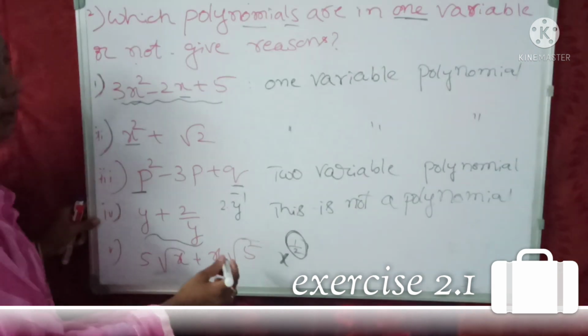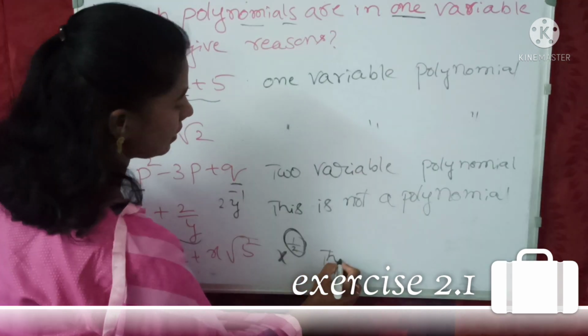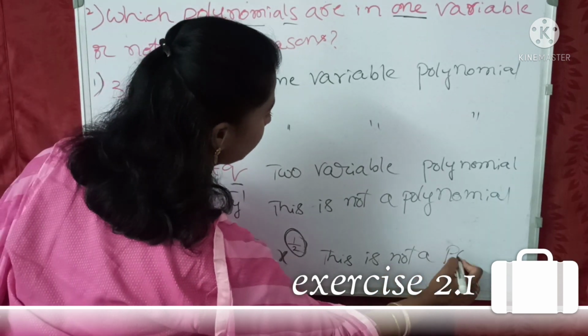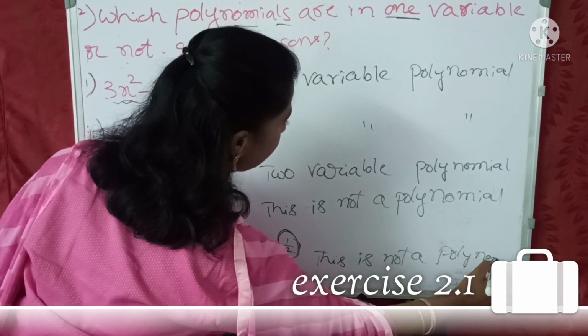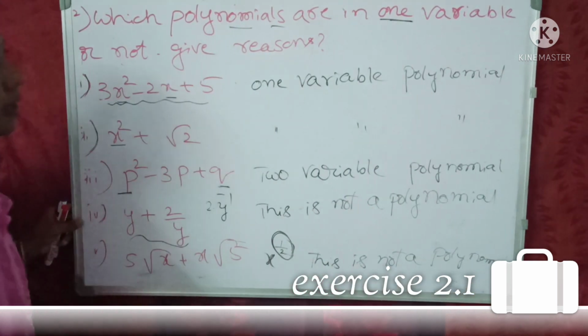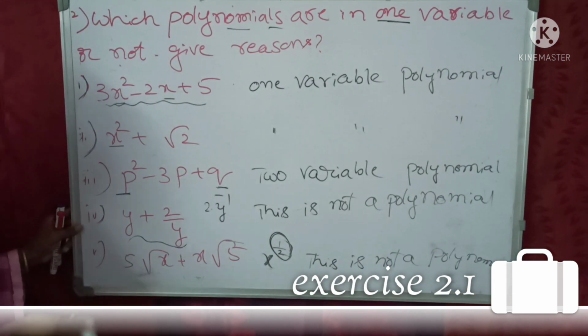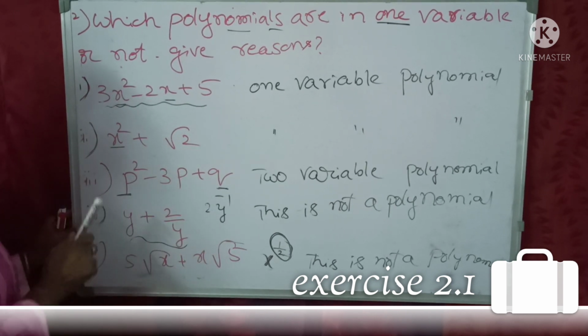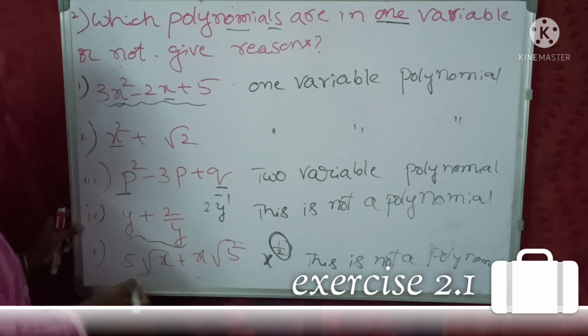So this is also not a polynomial. Okay, are you able to understand which polynomials are in one variable or not, and what is a polynomial?